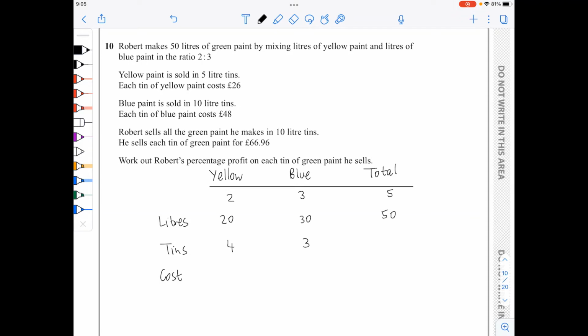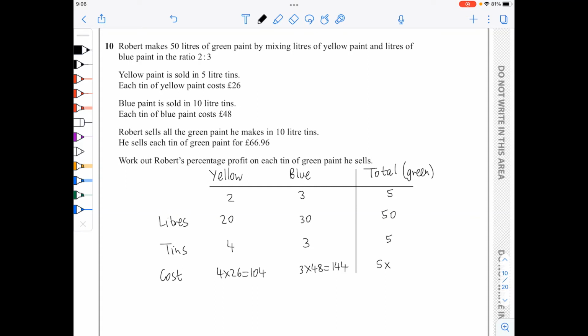Each tin of yellow paint is costing £26, so 4 times 26 is 104, and 3 times 48 is 144. Now, in terms of the total being the green paint, we have 50 liters, and it will be sold in 10-liter tins, so we will be having 5 tins, each one sold for £66.96.